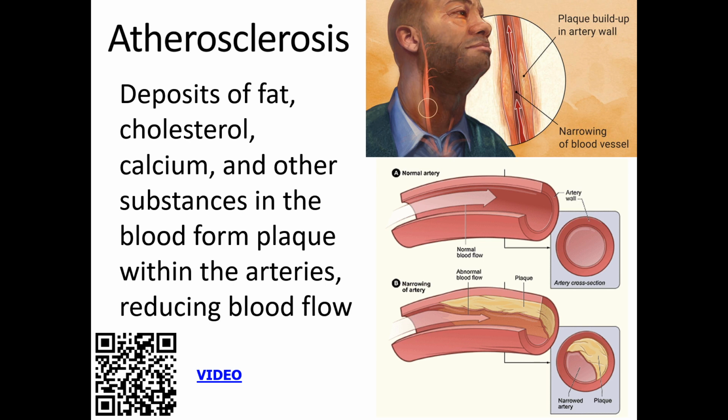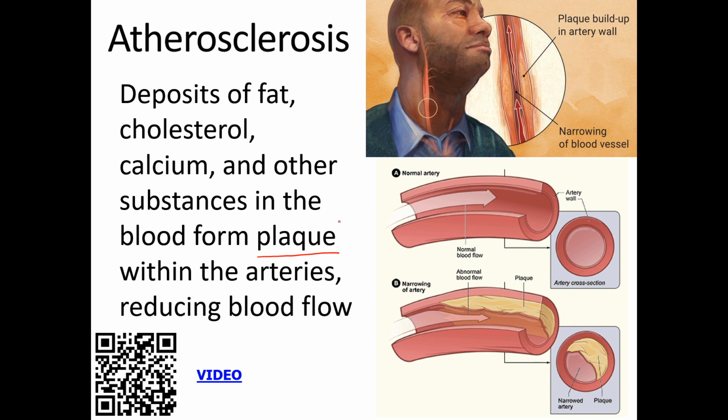So I'd mentioned that GIF in the beginning was showing plaque formation inside of arteries. The name for this process is atherosclerosis, the formation of plaque inside the artery walls. Well, what is plaque? It's the same name as the plaque on our teeth, but it's a completely different thing. Plaque on our teeth is a layer of bacteria that have formed and hardened, and they're hard to get off.